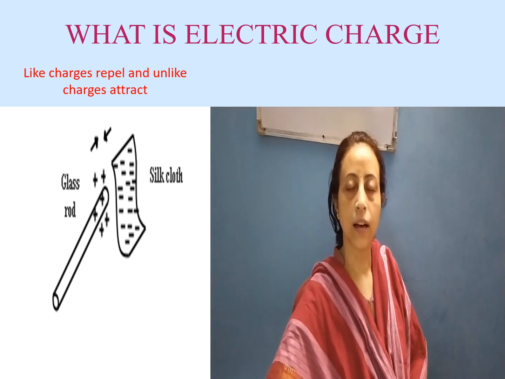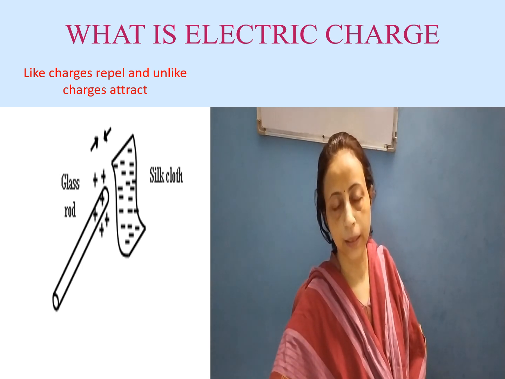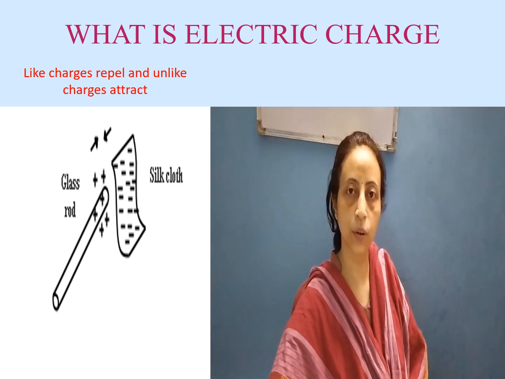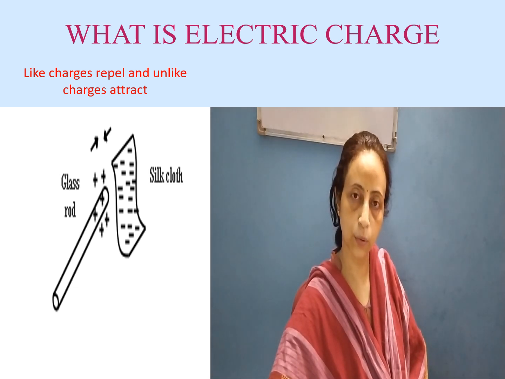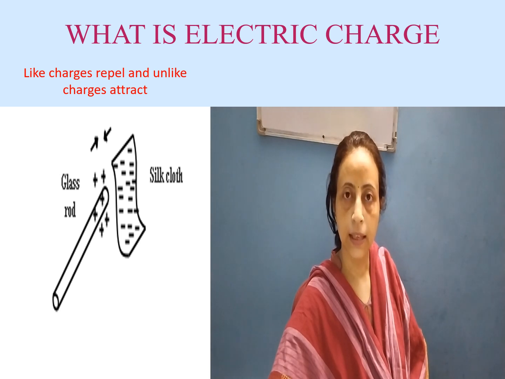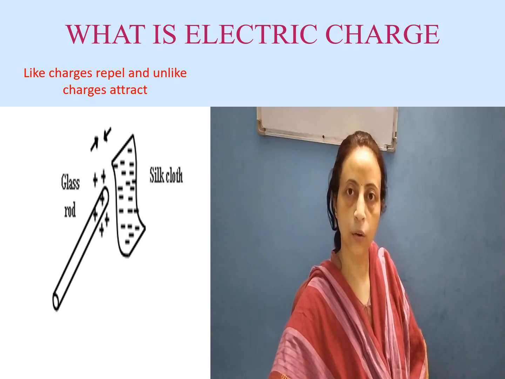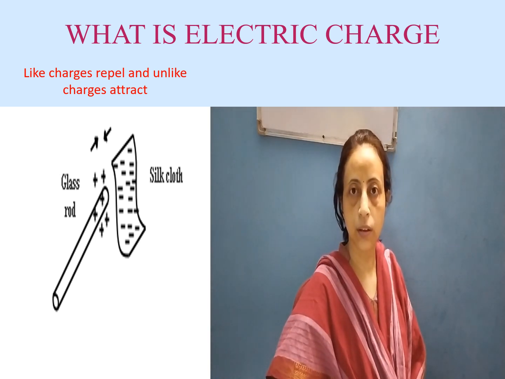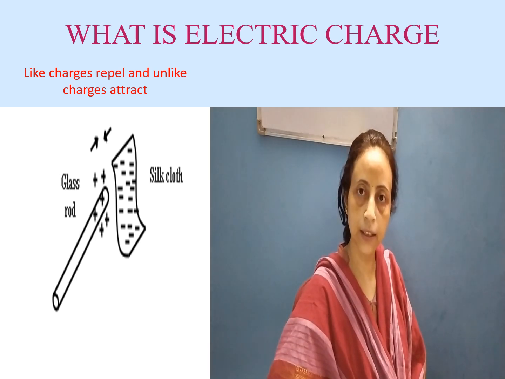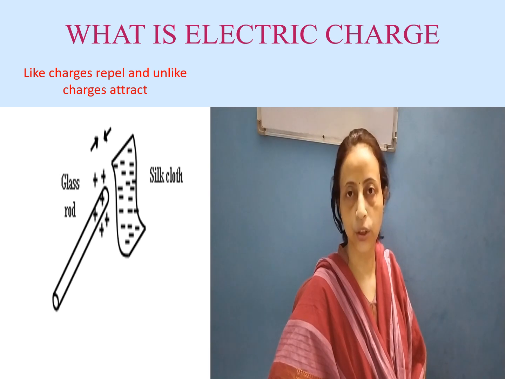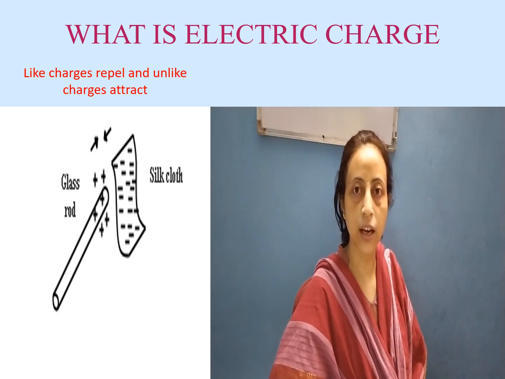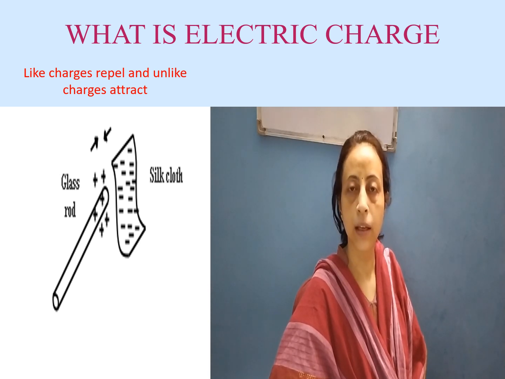Let us take one example of rubbing a glass rod with a silk cloth. Before rubbing, they won't attract or repel each other. But after rubbing, they will tend to attract each other. That is because of the transfer of charges that takes place between them when you rub them.